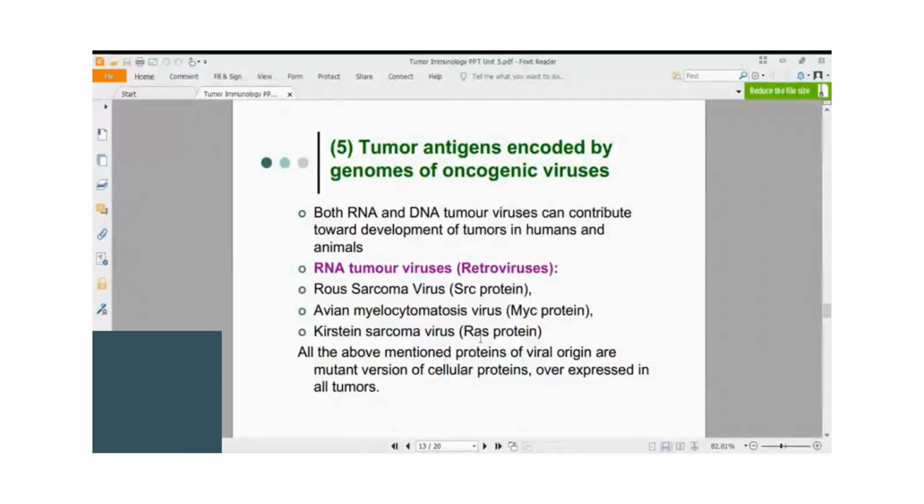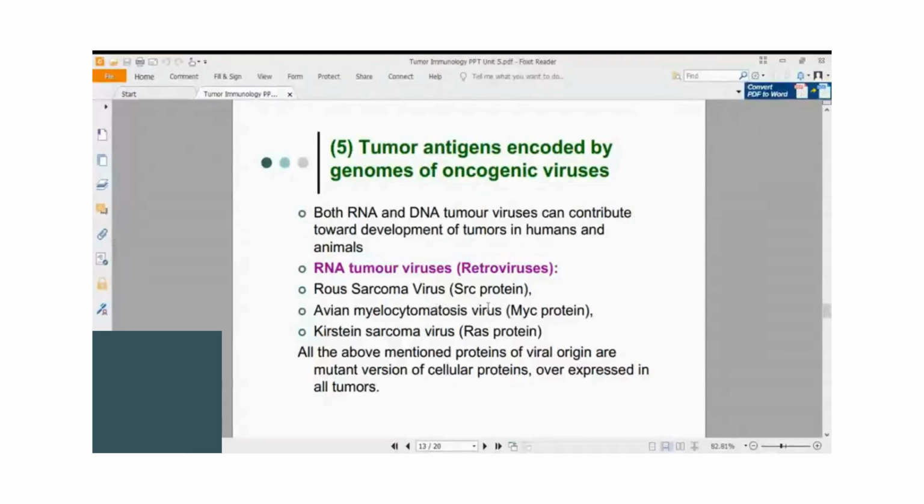Kirsten sarcoma virus produces a protein called RAS protein. Like that, there are many examples of RNA viruses which are responsible for causing tumors in rats, in mice, in birds, as well as there are similar proteins expressed in human tumors.